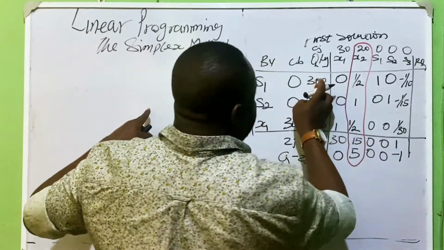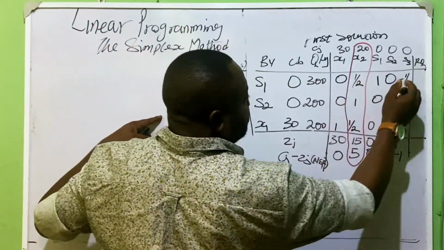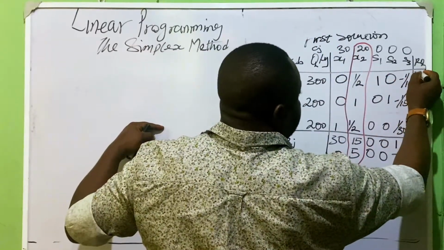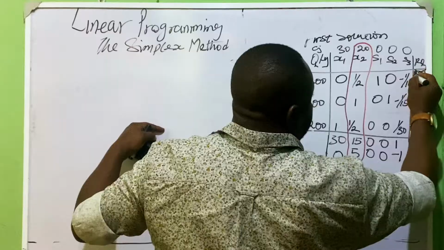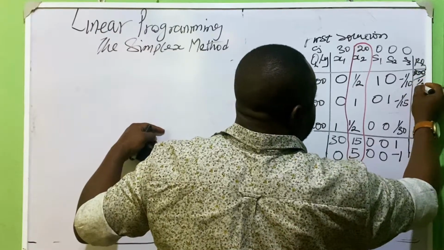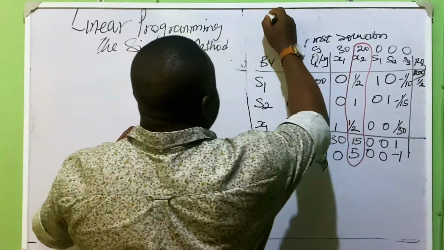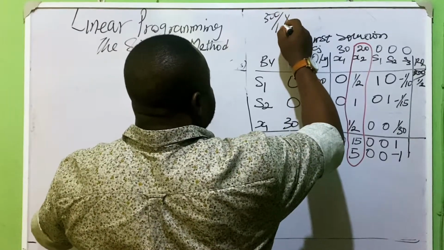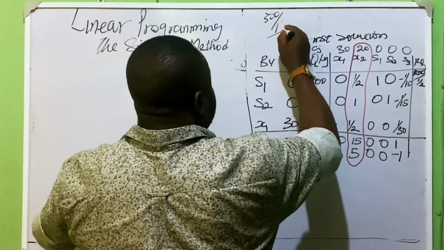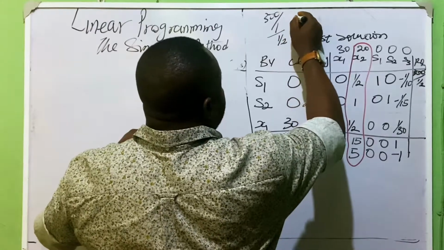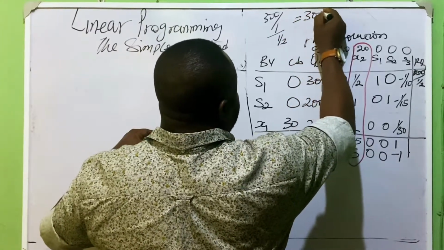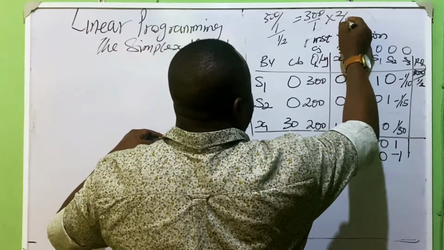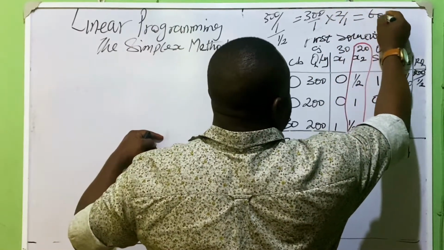So it's now 300 divided by 1/2, and that will give me 300/1 divided by 1/2, which means that we have 300/1 multiplied by 2/1, which gives me 600.